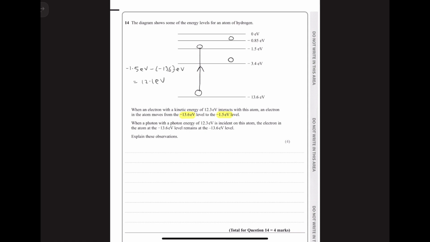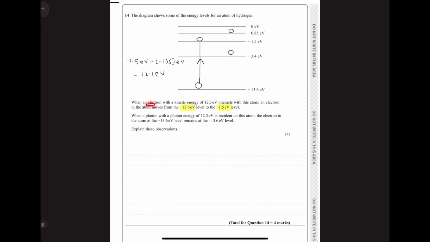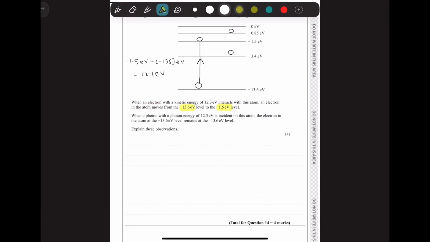Now we have to understand the difference between the electron and the photon. As you can see, the incoming electron has an energy of 12.3 electron volt, and still the electron in the atom is absorbing the incoming electron and jumping to a higher energy level. But when the photon has the same energy, the electron in the atom is not absorbing that photon and not jumping to a higher energy level. So in the case of an incoming electron, the energy does not need to be equal to the energy level difference of the atom.